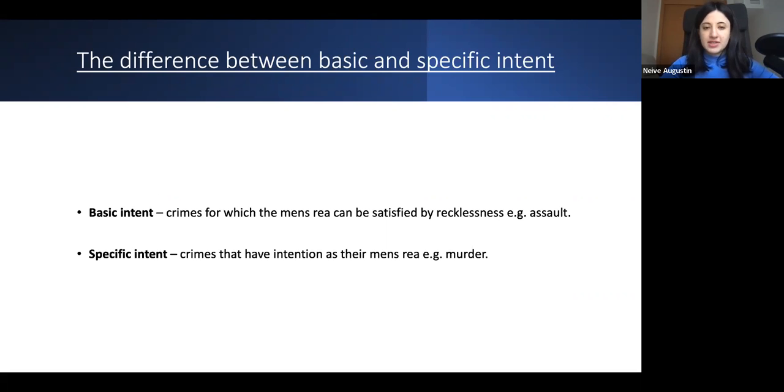For example, for murder, there has to be intention. Murder cannot be committed recklessly, it has to have an intention. The same with section 18 GBH, grievous bodily harm. That is also a specific intent crime because it requires specific intention for the conviction.